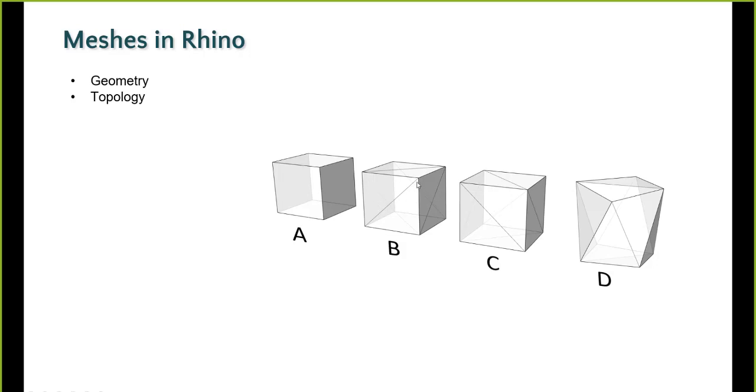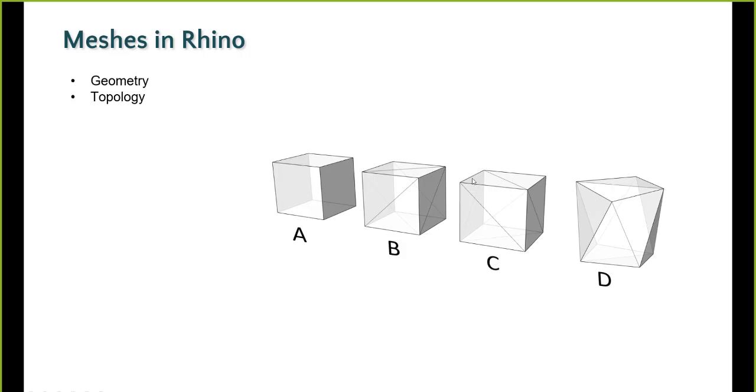So you can see here that the mesh face triangle is connecting these points, and this one's connecting these points together. Now the topology of C and D are exactly the same. The same points are connected in the same order, getting the same triangular faces, but the point locations are different.